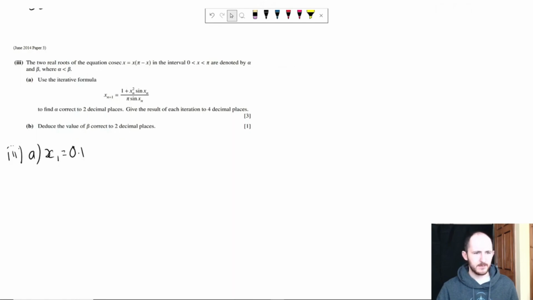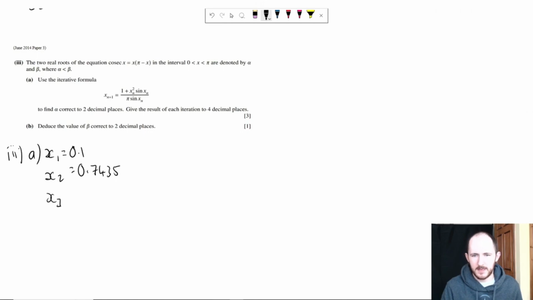Oops, my bad. I need to actually change over to the right value. So, I'm just going to enter it in one more time. Answer squared sine answer over pi sine answer. Okay. And the values I'm getting for subbing those in are 0.7435.